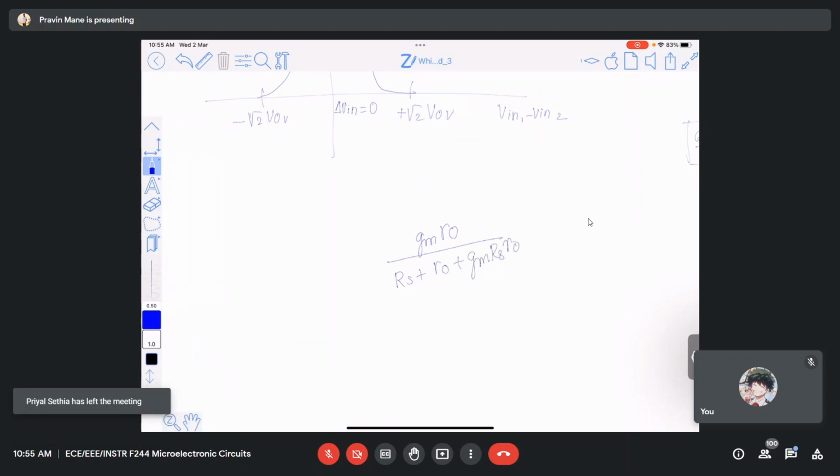Okay, that's what I missed. So this is capital GM for common source amplifier with source degeneration. Yes.